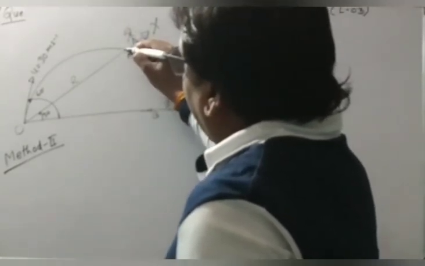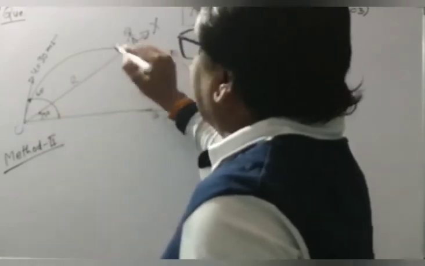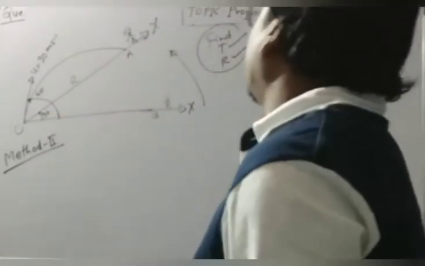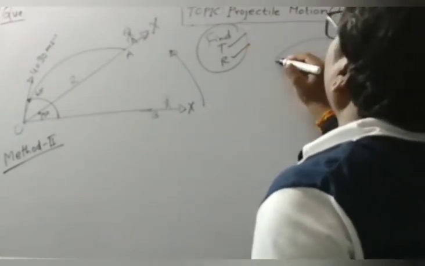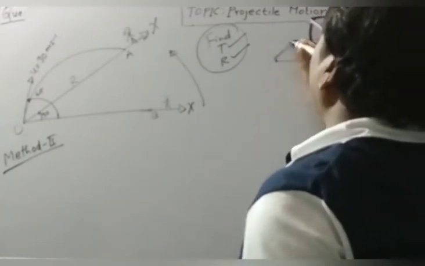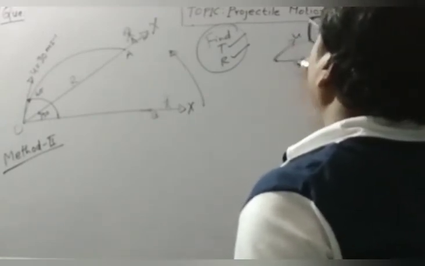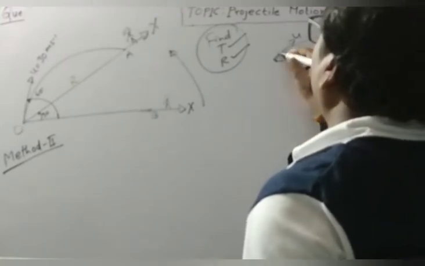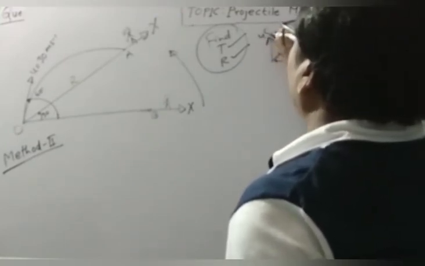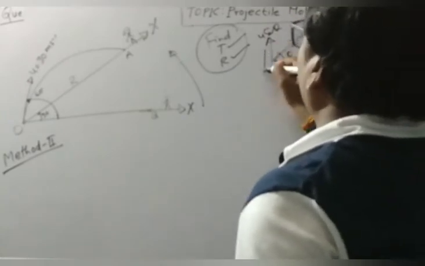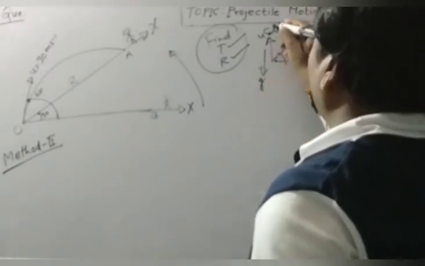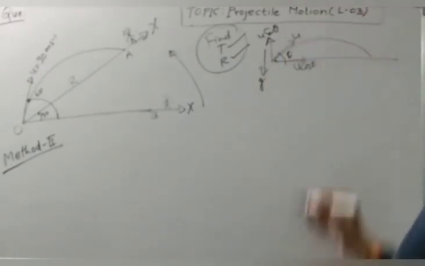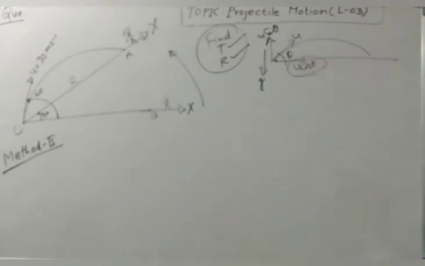Suppose you are considering OA as the x-axis, then like earlier projectile cases, there were two components of this velocity. That is, if this is u, then this is u cos theta, if this is theta, and this was u sin theta, and corresponding to u sin theta, there was an acceleration opposite to this u sin theta, and there was no acceleration for u cos theta in earlier cases.